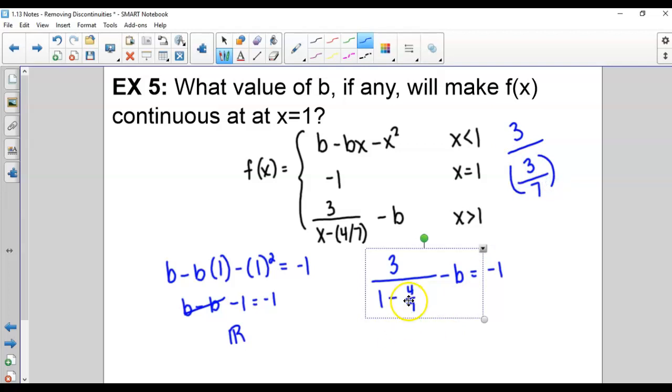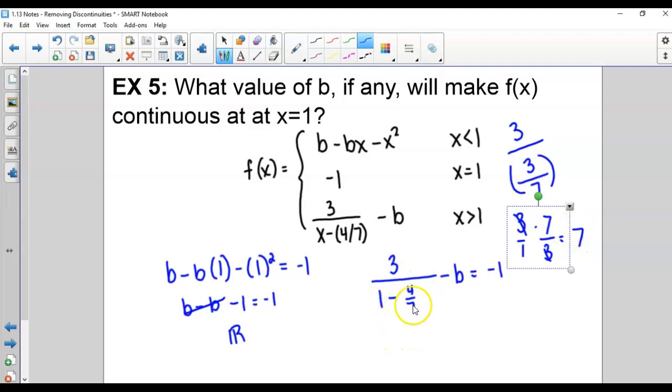I'm going to do this part over to the side. And then dividing fractions is easy as pie. We're going to flip the second and multiply. And so that's like 3 over 1 times 7 over 3. 3's will cancel. We're just going to get 7 whenever we do all of this stuff right here. So 7 minus b equals -1.